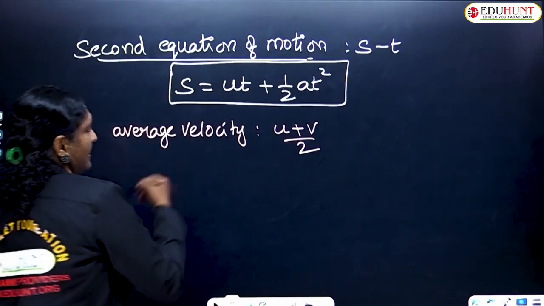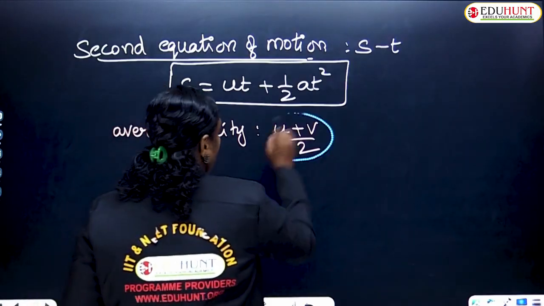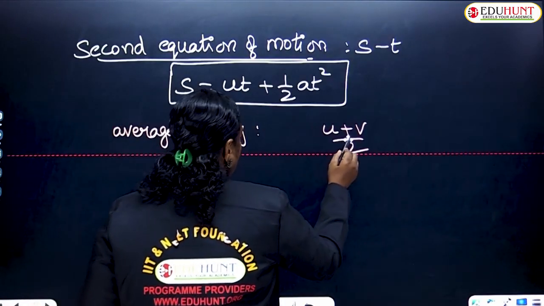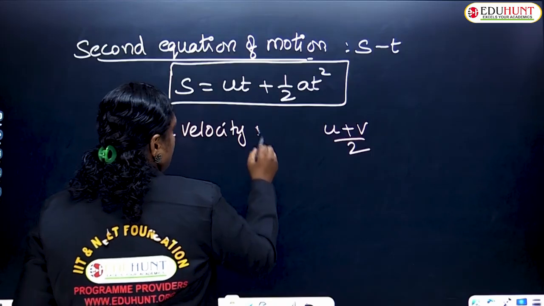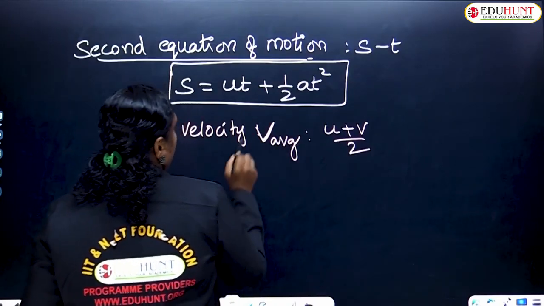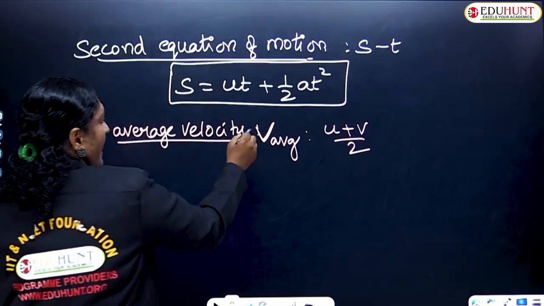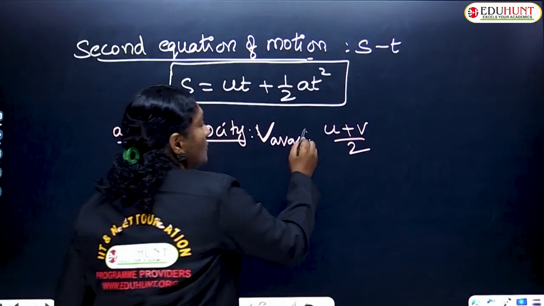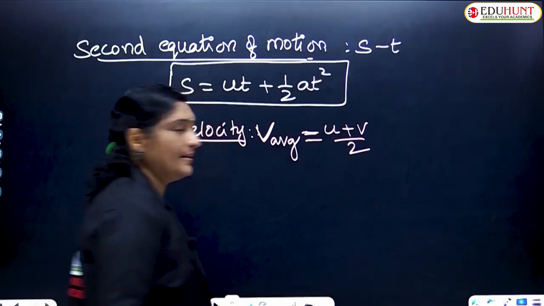Let us indicate this average velocity as v average. So v average is equal to u plus v by 2.